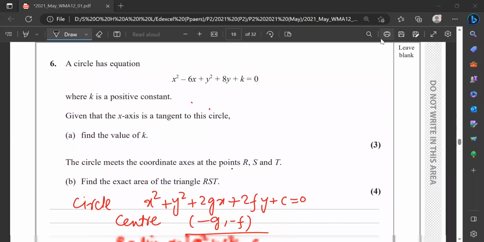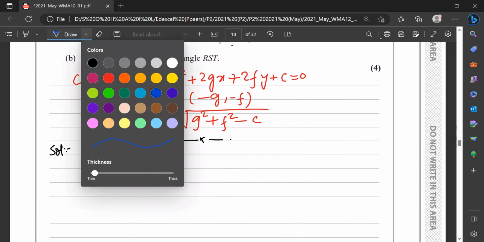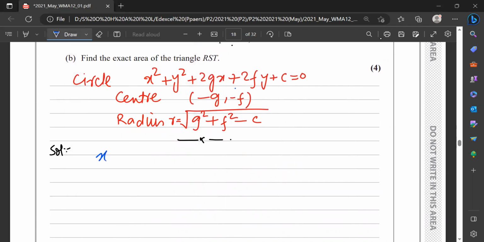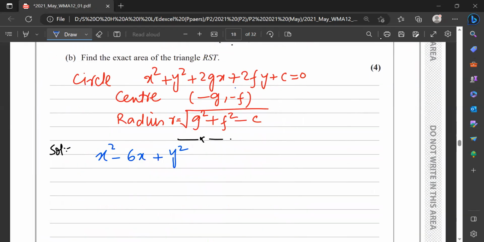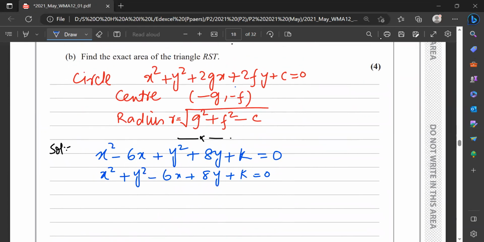So we have x square minus 6x plus y square plus 8y plus k equals 0. You can also use the completing square method, but it's easier to use this concept. The coefficient of x is 2g.